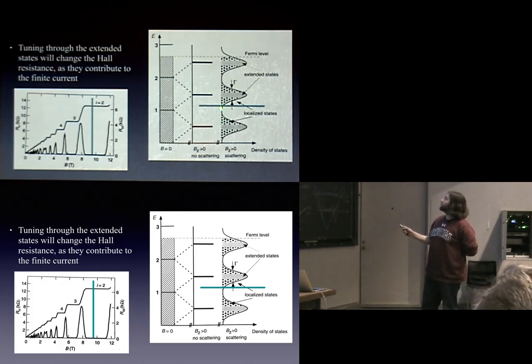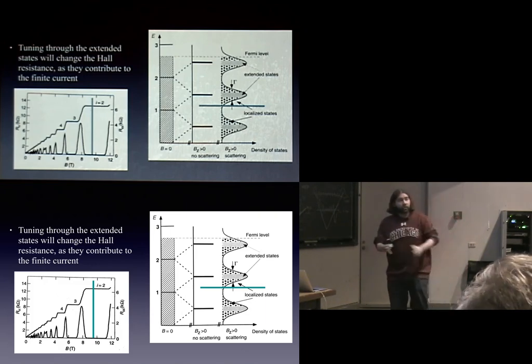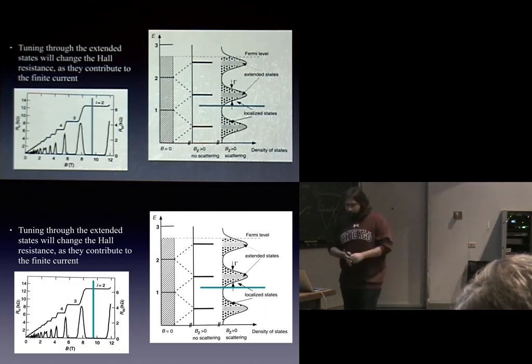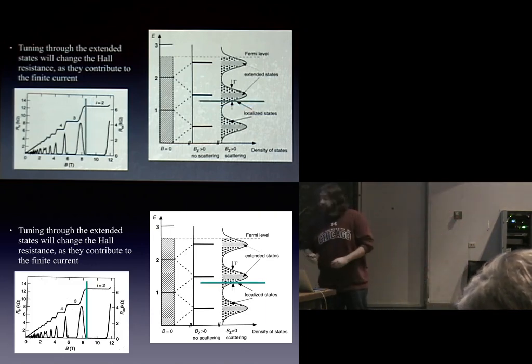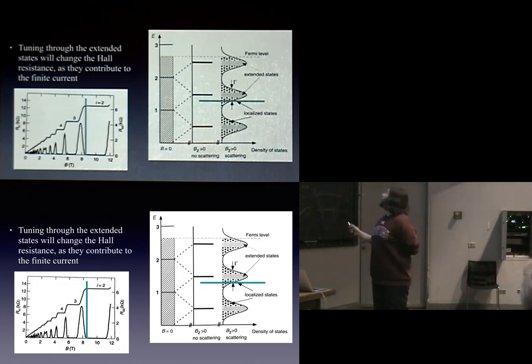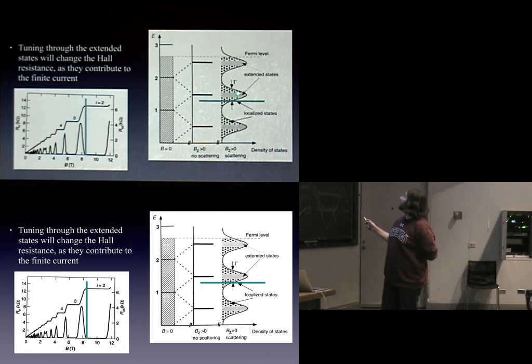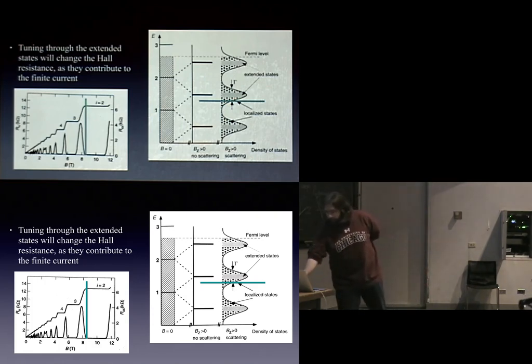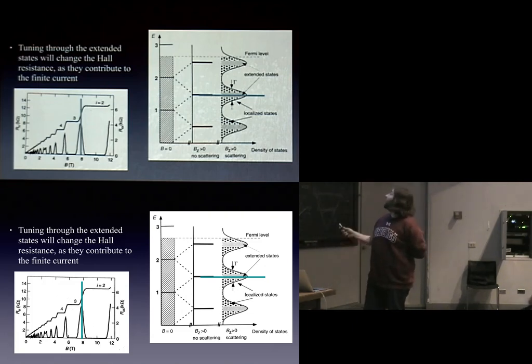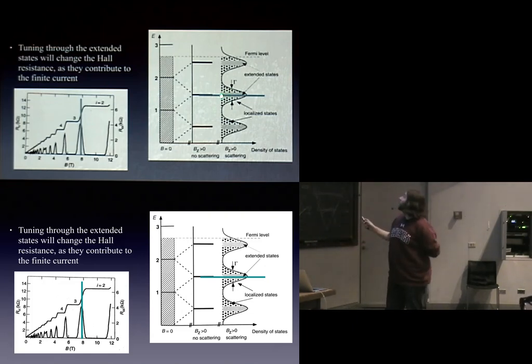Now, look, there are a bunch of these localized states, but as we said, these localized states don't contribute to the net current flow. So let's decrease the magnetic field strength a little bit, and that makes us have to occupy more states. But I haven't hit any extended states, so this Hall resistance is still basically the same. But as I tune the magnetic field to be precisely at the value that I find new extended states, now this Hall resistance is starting to change.